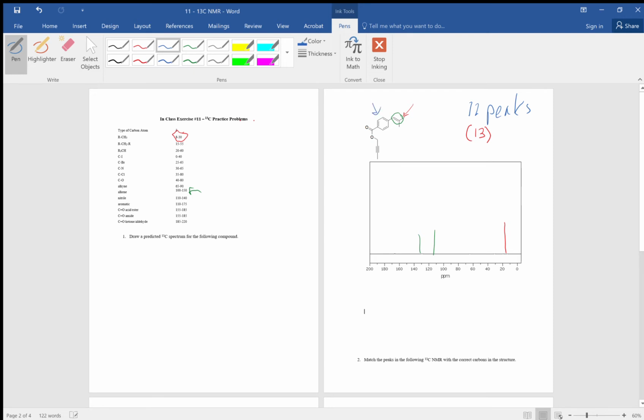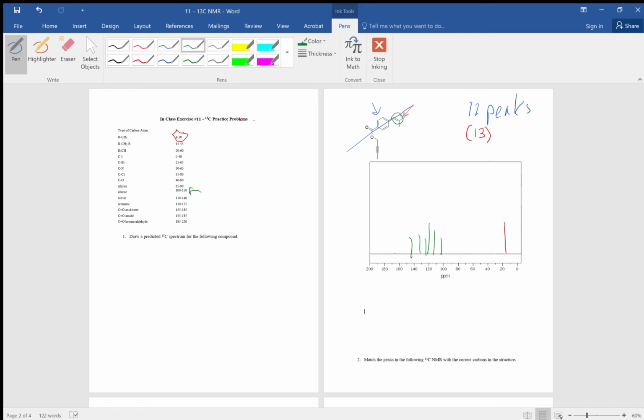Then we've got our aromatic ring. Our aromatic ring here is symmetric. That symmetry goes this way. And so we should see 4 peaks in our aromatic region. Again, at this point, we're not worried about where in the aromatic region you put them, just that they're somewhere within that range that makes sense for an aromatic.